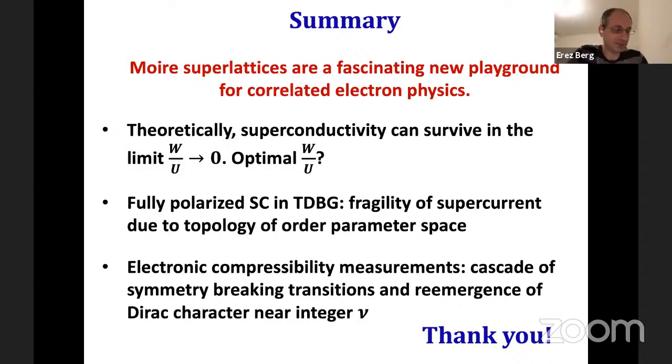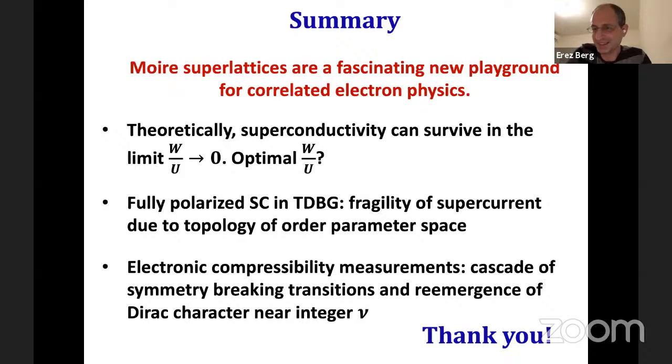From my point of view, I think the pairing symmetry, any kind of unconventional pairing symmetry, and if it's triplet, that would be the most exciting. But I think there are still many open questions about the superconductivity, even at the most basic level.